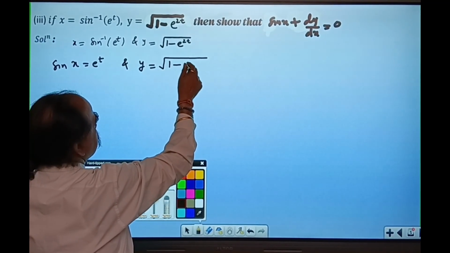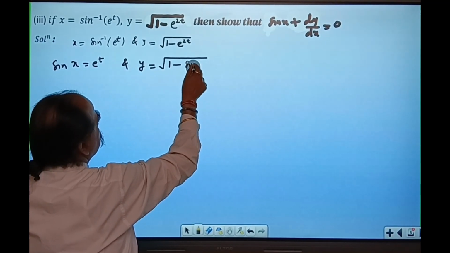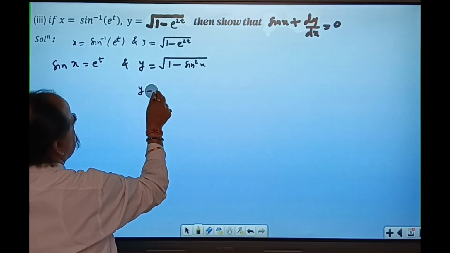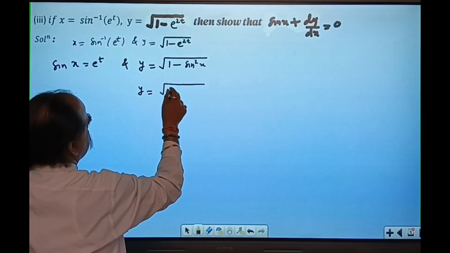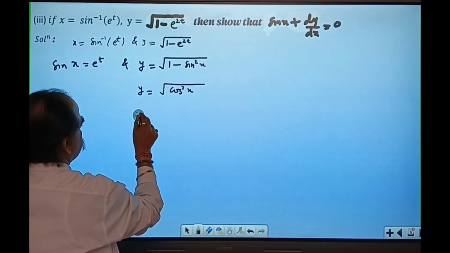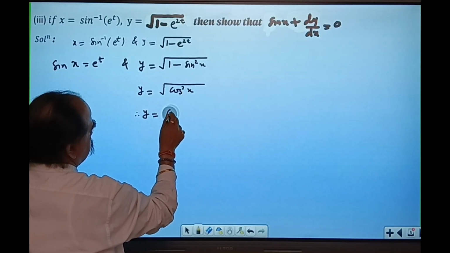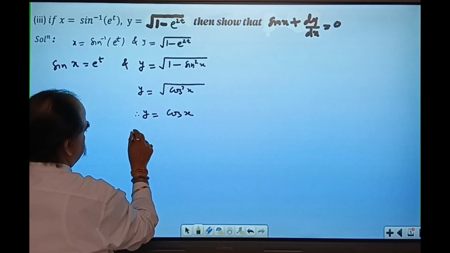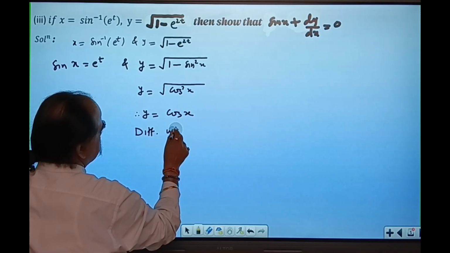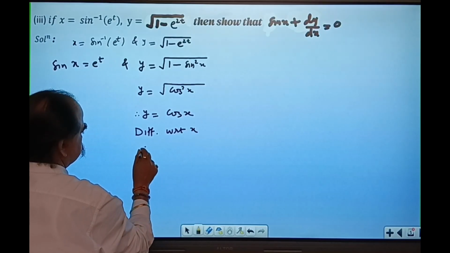This is one way to do. So sin x, e raised to 2t will become sin square x. So y is root cos square x.